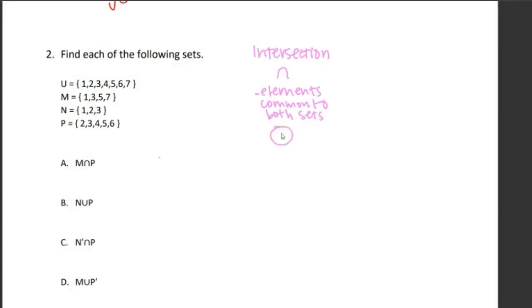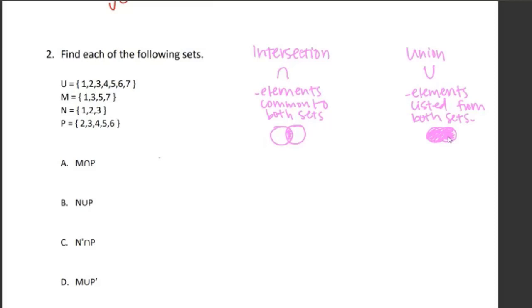And so if we had a Venn diagram, intersection would be this middle part. And then union is represented with the U, and it is going to be the elements listed from both sets. So all elements. And so if we were to use a Venn diagram, we would shade in both sets.